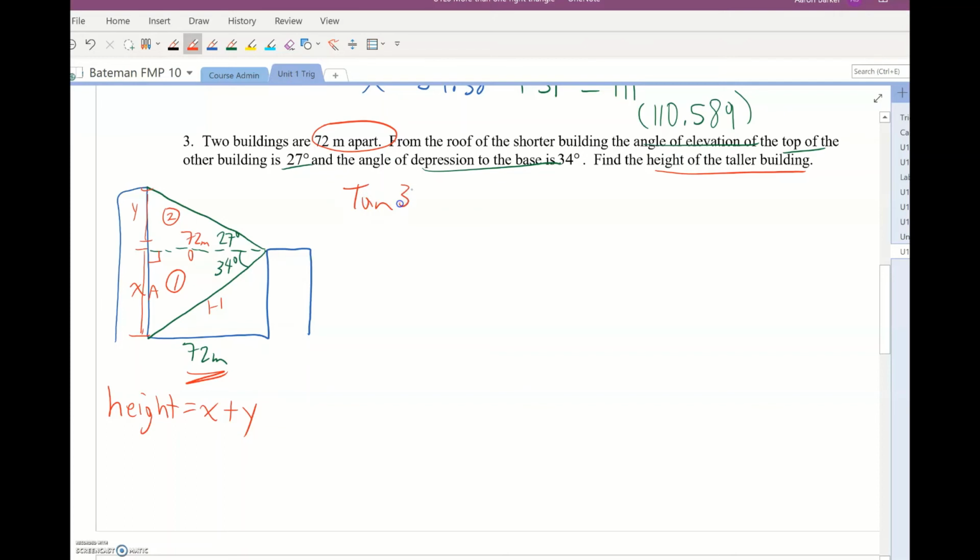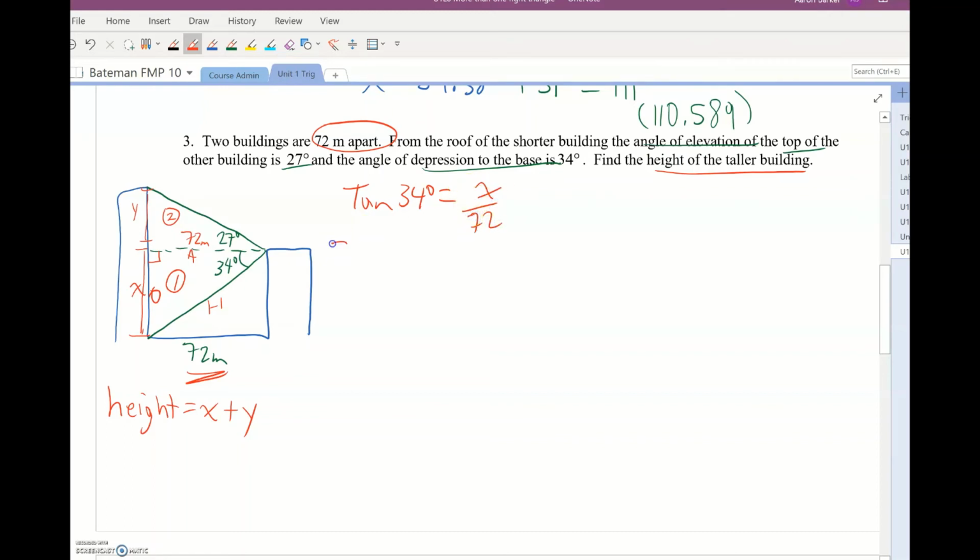So tan 34 degrees equals opposite, and I got that label wrong, sorry about that, O over A. So it would be x over 72.